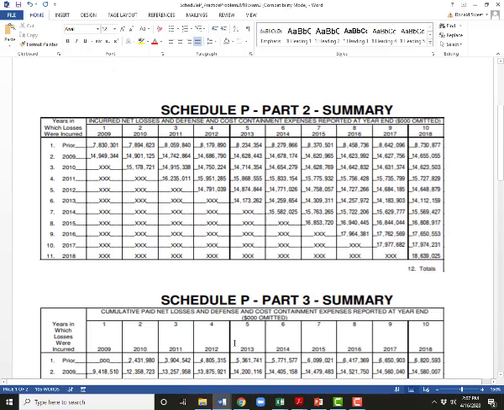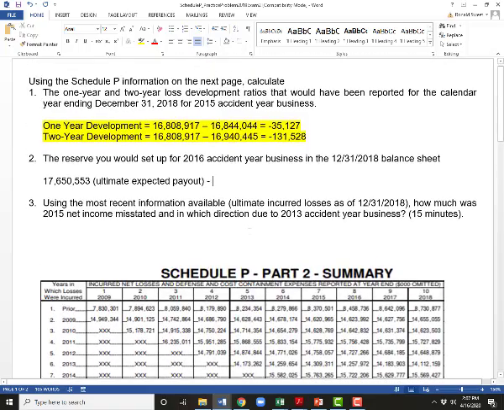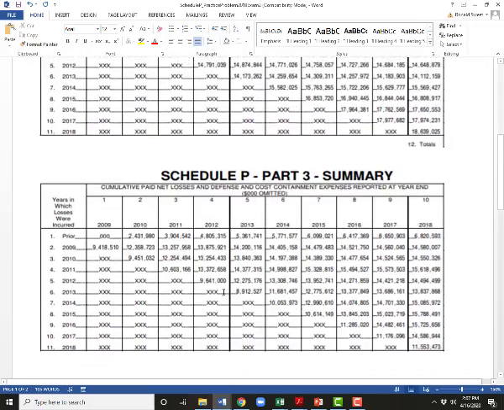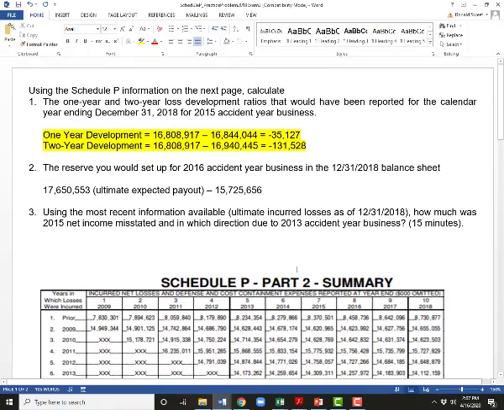So we go to part 3, look at 2016, we paid out 15,725,656. So I subtract that: 17,650,553 minus 15,725,656. So this is paid through 2018, and so that is going to equal a reserve of 1,924,897.